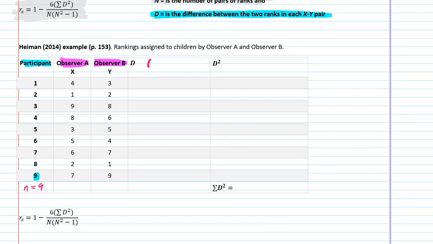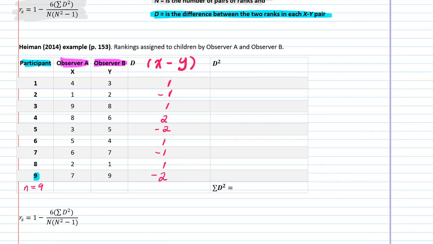So D is going to be X minus Y. That's what D is going to be. So 4 minus 3 is going to be 1. Negative 1, 1. This is very convenient math. Negative 2, 1. Negative 1, 1, 2. Sorry, negative 2. I still don't need to add them.